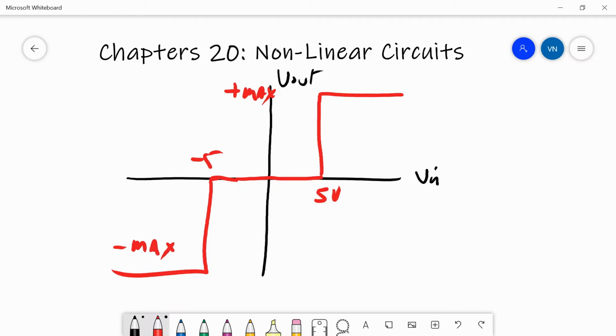So here the relationship between input and output is not a straight multiple of one thing against another. There are conditions and thresholds that occur, so we get 3 different outputs depending on where we are. Between minus 5 and plus 5 we get the same thing, and greater than 5 volts we get the same thing. It's not a linear response.